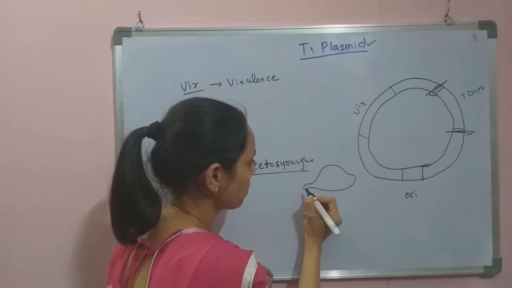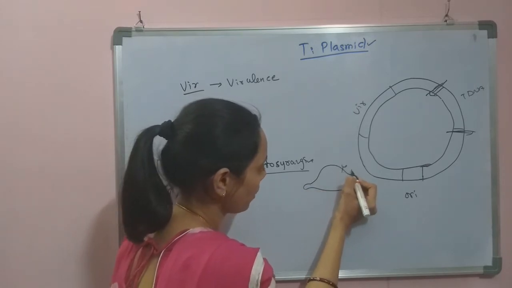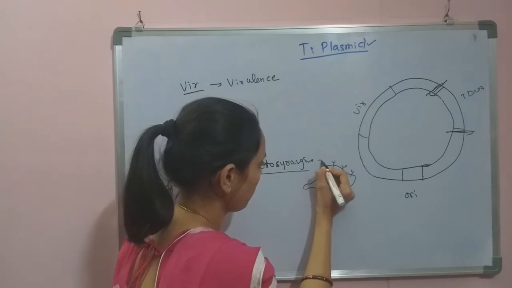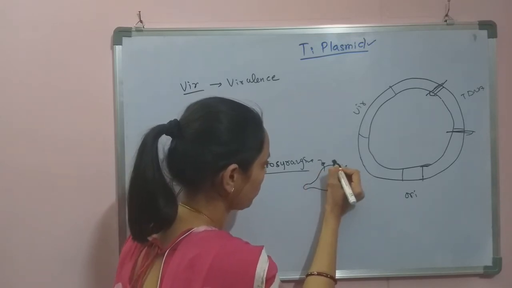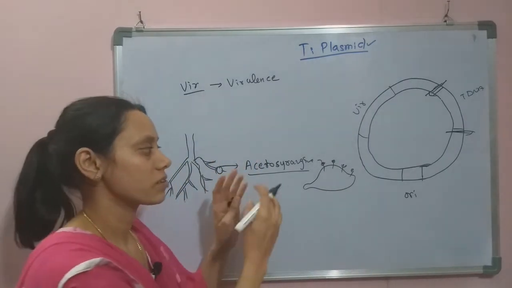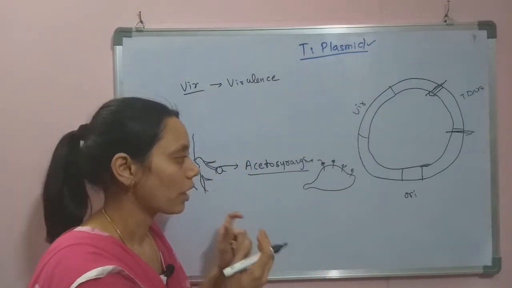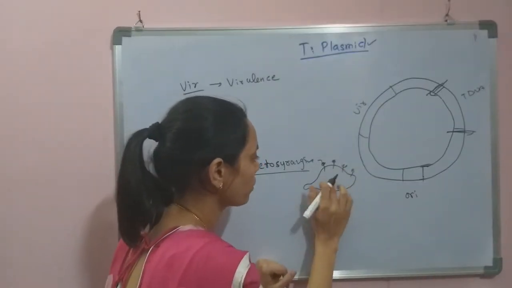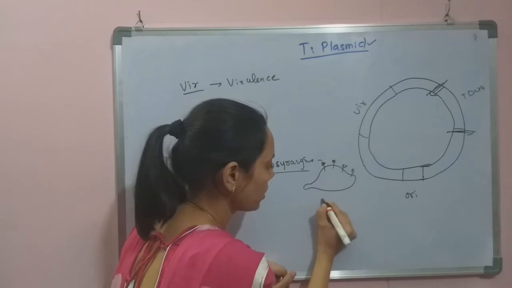The bacterial cell will have receptors on its surface which will bind with this acetosyringone. Once these receptors bind with this ligand, the signal will transduce inside the bacterial cell.